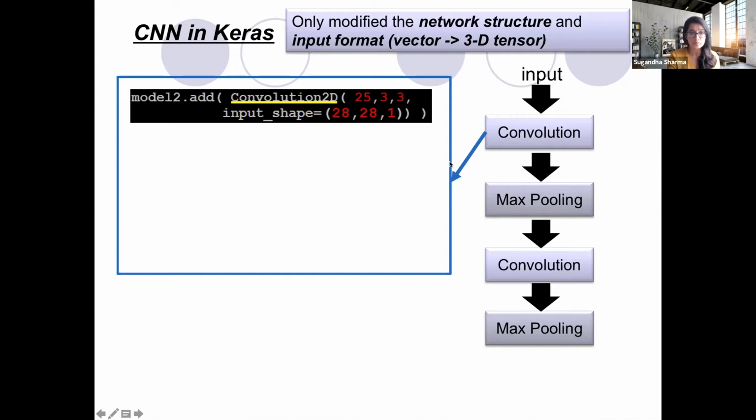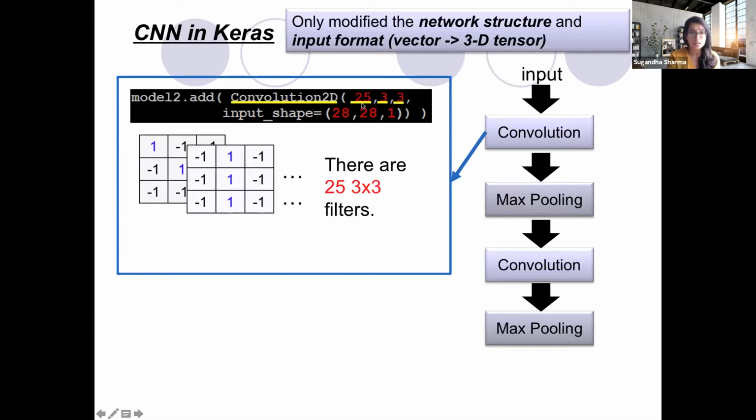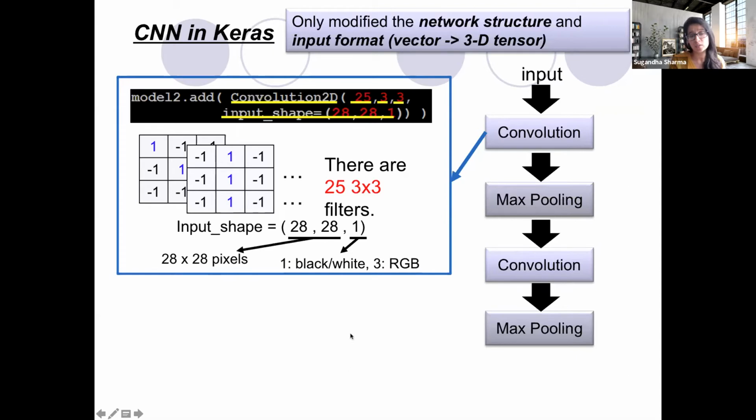What this 25 by 3 by 3 means is that there are 25 3 by 3 filters which we want to train, and the input shape is 28 by 28 by 1, right? This 28 by 28 means the 28 by 28 pixels in the image, and this last dimension corresponds to whether the image is black and white or RGB color. If this is 1, then the image is black and white. If this is 3, then it's a colored image.